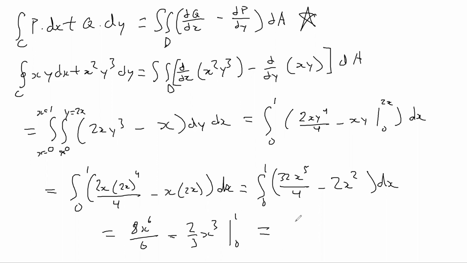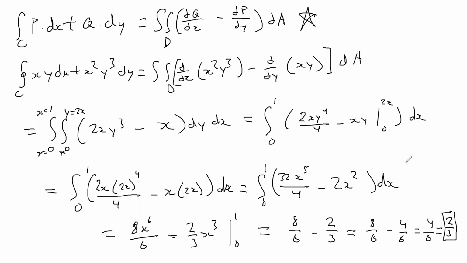So that is going to yield an answer of 8 over 6 minus 2/3, which is the same thing as 8 over 6 minus 4 over 6, which is going to give me 4 over 6, which is the same thing as 2 over 3. Okay. So for this question, solving the two methods should yield a solution of 2/3, either directly or using Green's theorem.